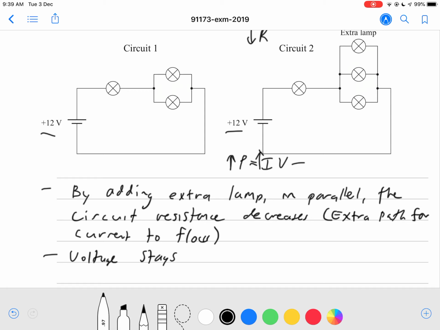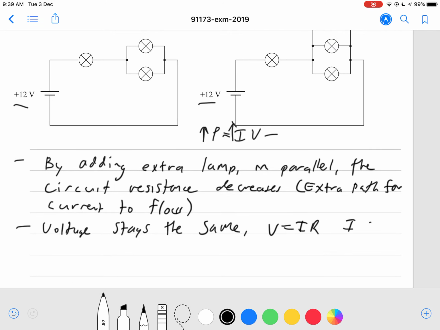Because voltage stays the same, V equals IR. Hence, I is inversely proportional to R.